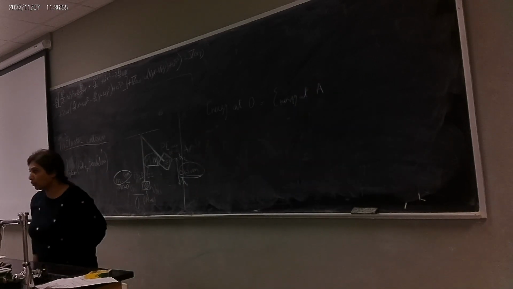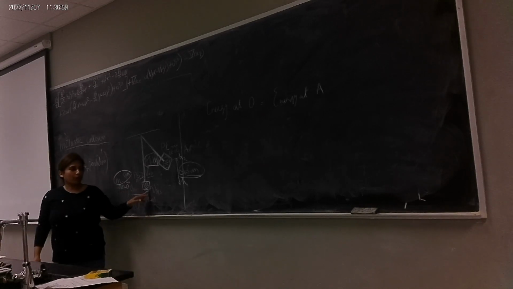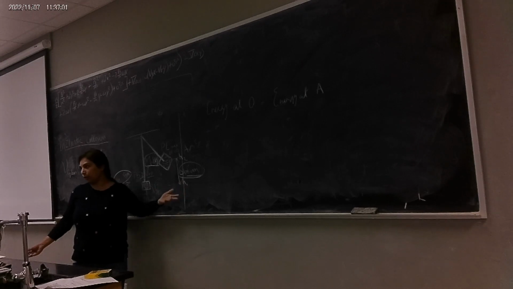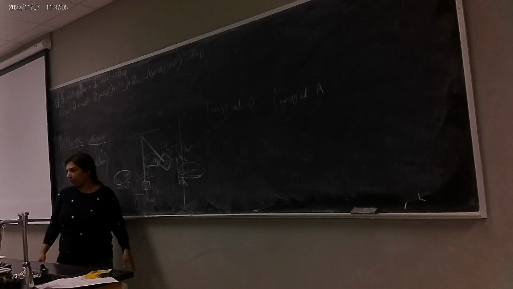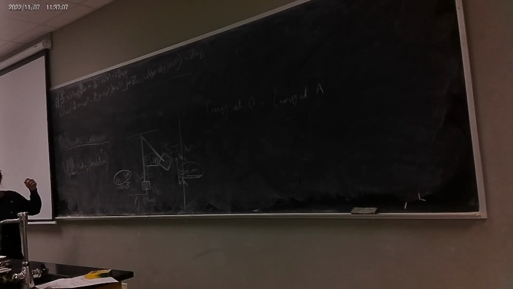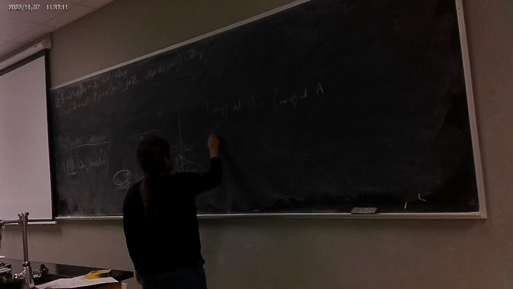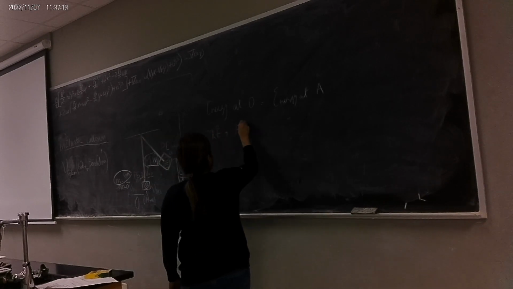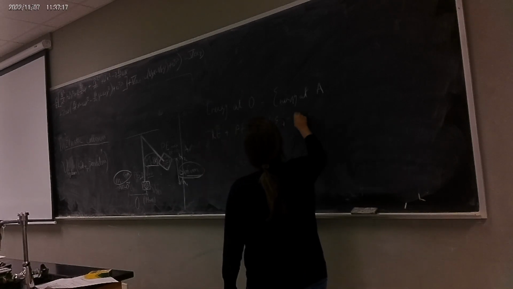Should be true. So I'm comparing the two positions, this and this. Energy at O is kinetic energy plus potential energy. Energy at A is kinetic energy plus potential energy.